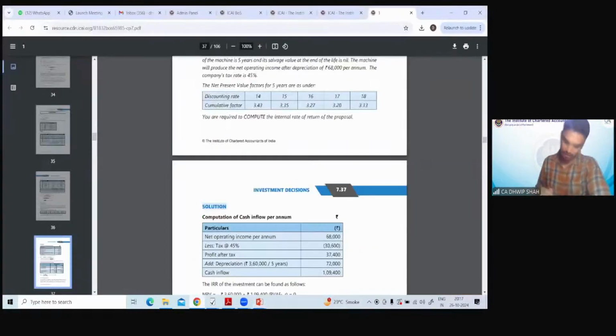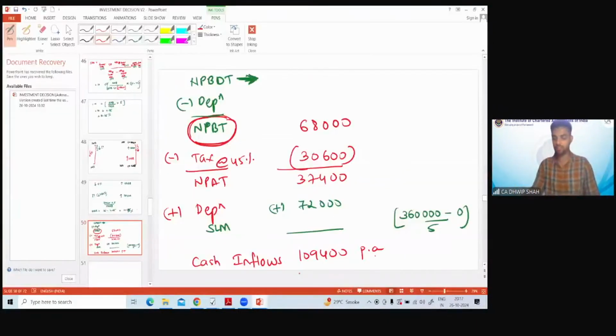They have specifically mentioned in the question that 68,000 is per annum, means 68,000 for year 1, year 2, year 3, year 4, and year 5. So can I say this is now a constant stream of cash inflows per annum? Yes or no?